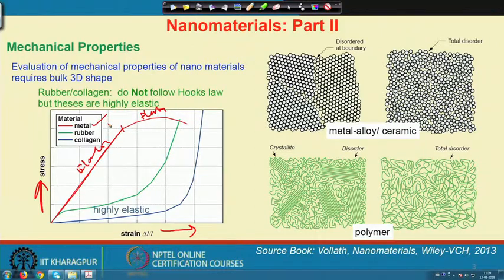So, this is for a metal, the red color curve, whereas the rubber shows a rubber-like elasticity which is very, very high, and even if you decrease the stress level or unload the sample, it will again come back. So, this is called rubber-like elasticity.